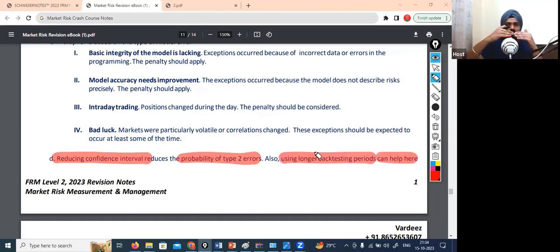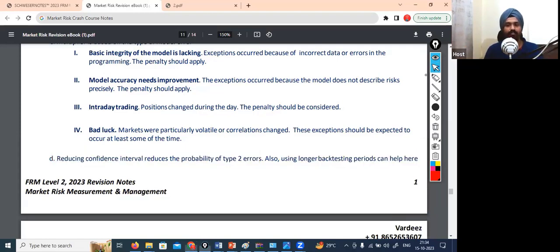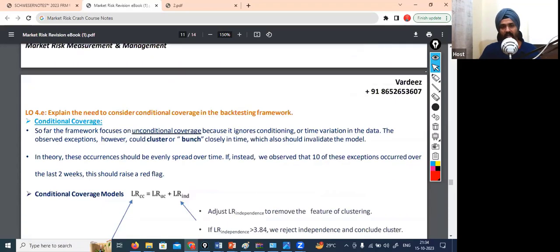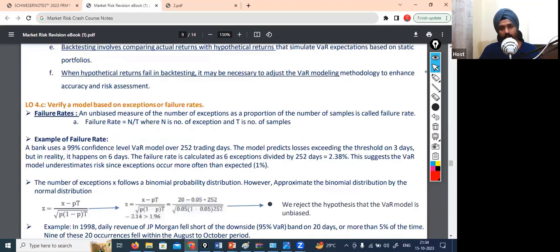When you're noting down the exceptions, maybe in one month there are no exceptions, but possibly the next month, all the exceptions occurred. So having a long horizon will really help you out. That is what we have for this particular chapter. If you have any questions, feel free to ask.